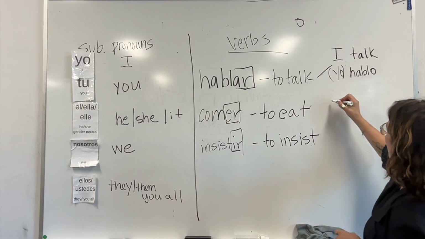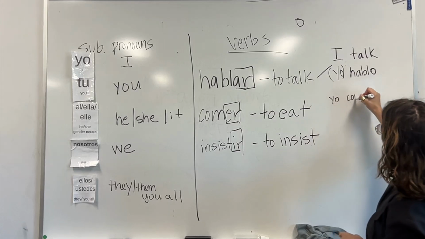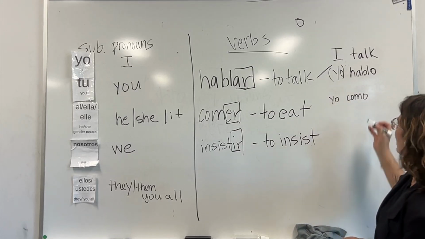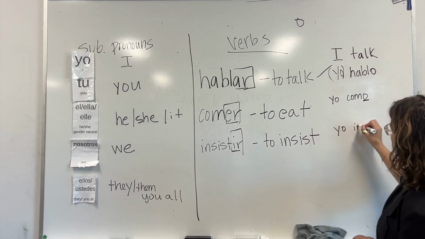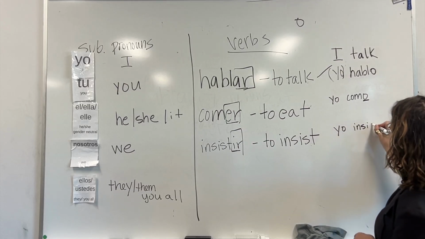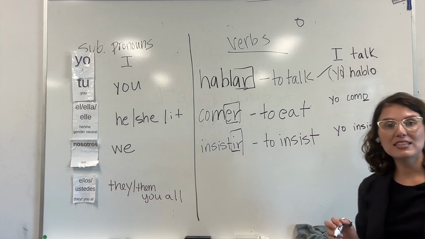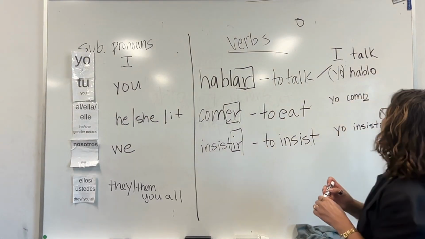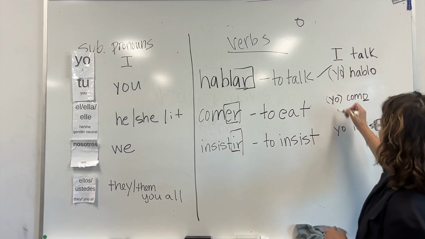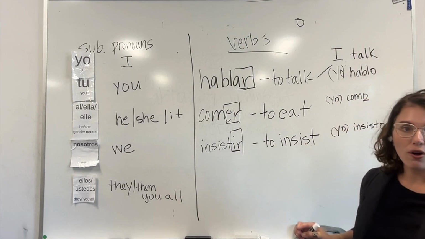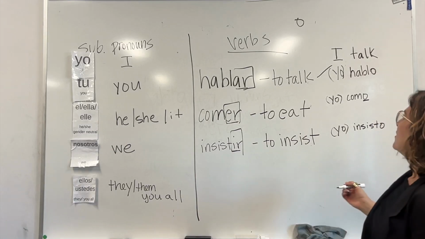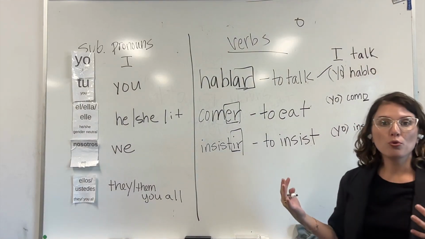We can say yo como, right? I eat. Yo insisto. I insist. All right, remember the yo is optional in all of these because it's included. Como, I eat. Insisto, I insist. Then we might get to the you form.